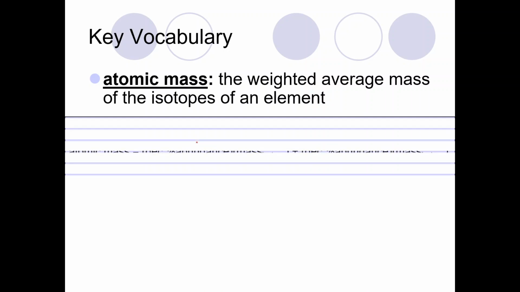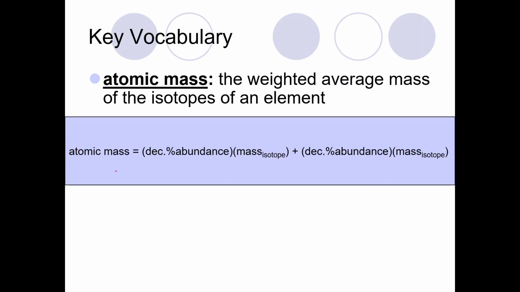Here's what a weighted average is, okay? The atomic mass that you see on the periodic table is equal to the decimal of the percent abundance times the mass of that particular isotope, plus the decimal of the percent abundance times the mass of the other isotope, for as many isotopes as you have.